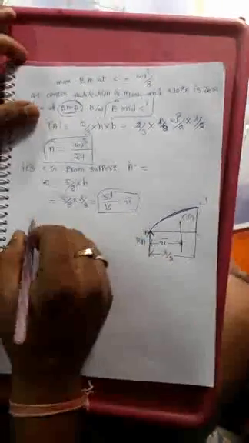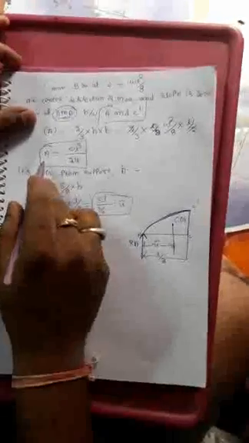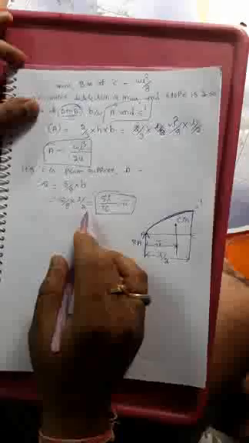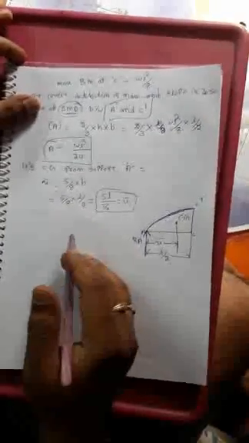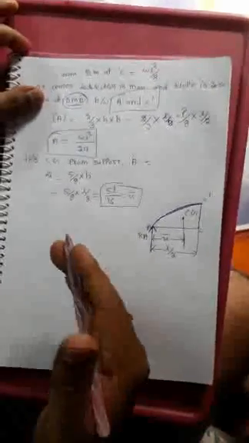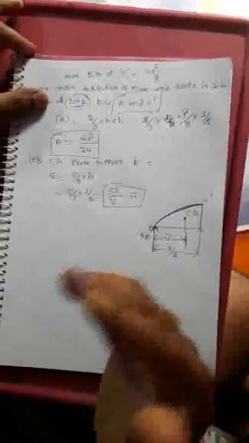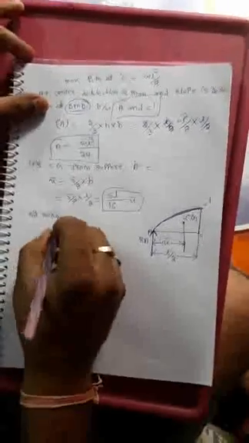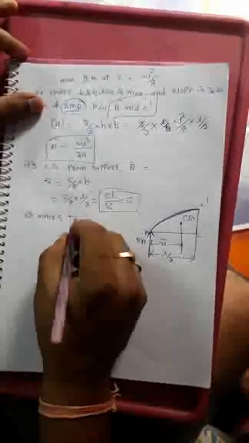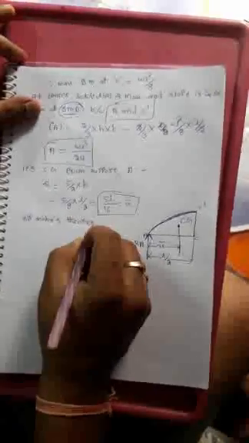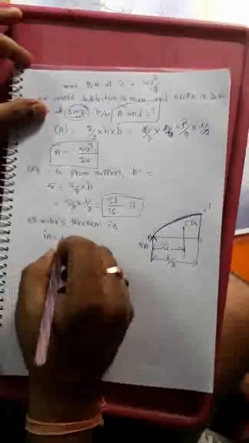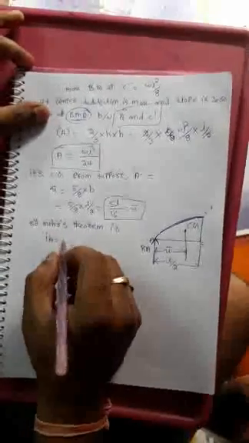And next, through the area of BMD and x bar, we are going to find the maximum slope and deflection by using Mohr's theorem 1 and Mohr's theorem 2. So Mohr's theorem 1 represents the slope, that is A by EI. So the Mohr's theorem is theta A equal to area of BMD by EI.